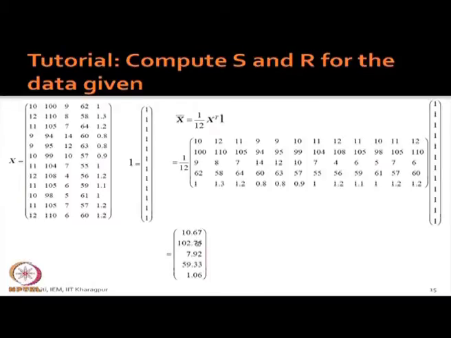Profit mean is 10.67, sales volume 102.75, 7.92 is absenteeism, breakdown 59.33, and 1.06 is the M ratio case. So, your first step is to find x bar using this type of formulation.